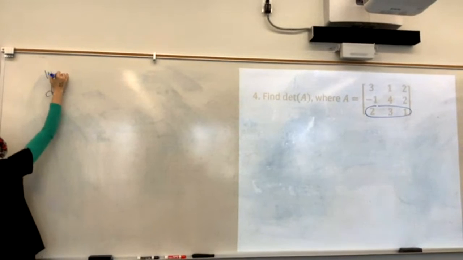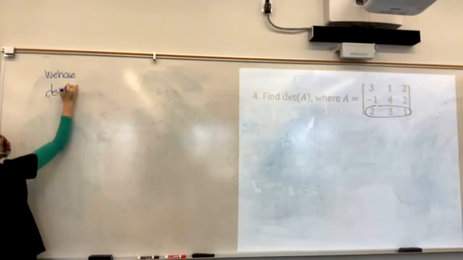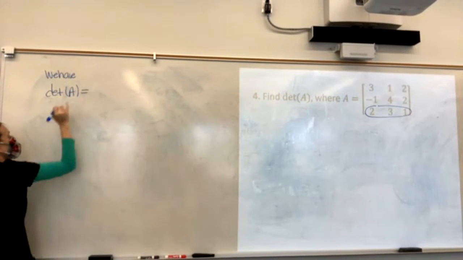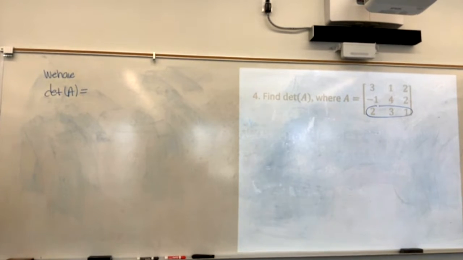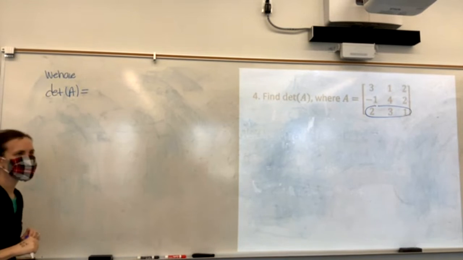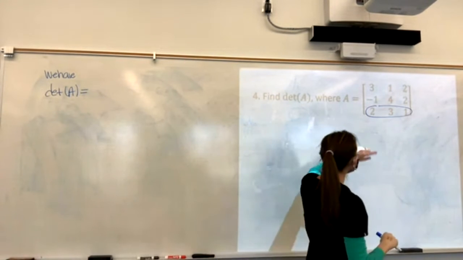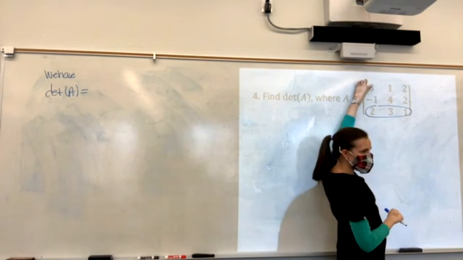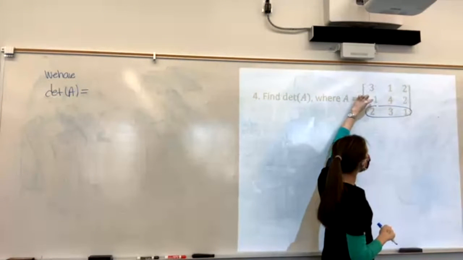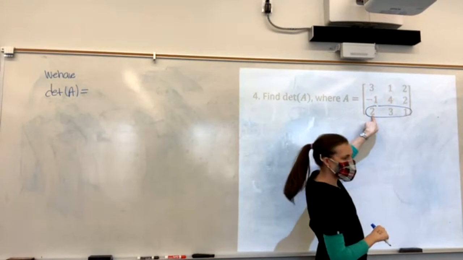Oh, wait, let me put some words. Otherwise, Dr. Pines will come running in here and be like, why are you being so rude and just diving in with symbols? I'm sorry, Dr. Pines. Okay, so if we think about our checkerboard, I start positive, so it would be positive, negative, positive.